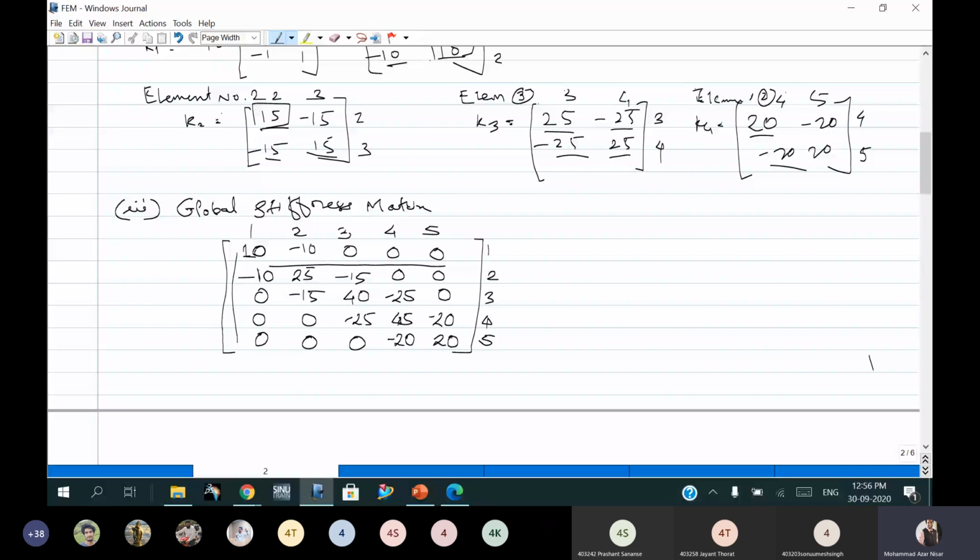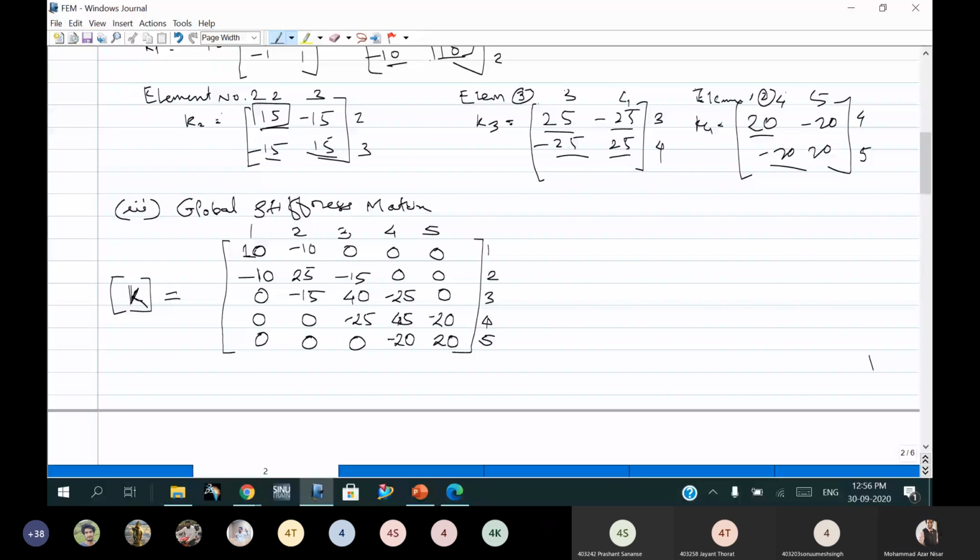If we add any row or column, the answer will be equal to 0. So we have got the right global matrix, the balanced equilibrium global matrix equation. This is the value for capital K. This is the third step, finding the global stiffness matrix.